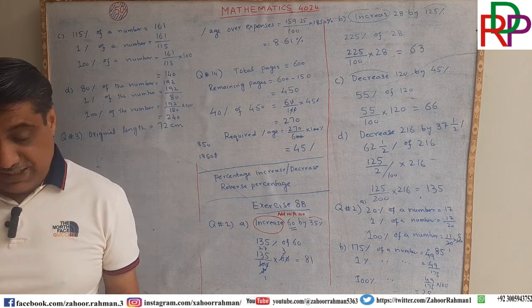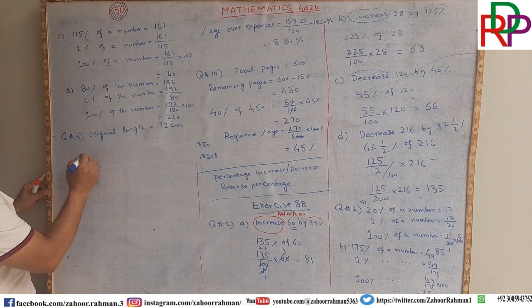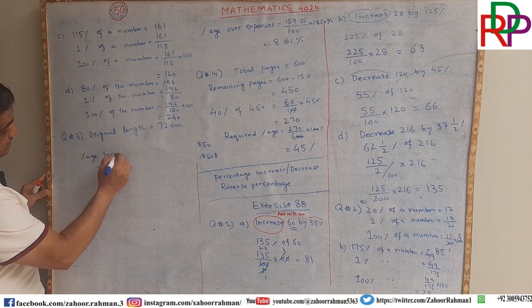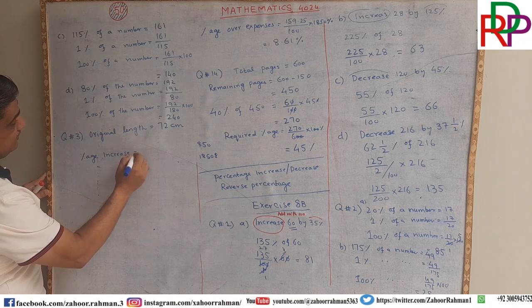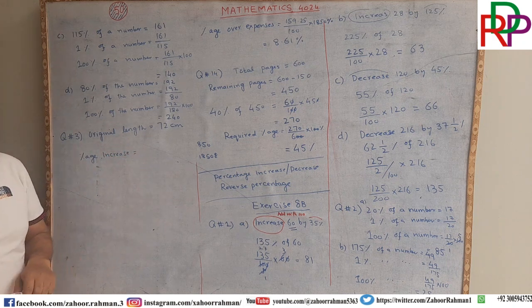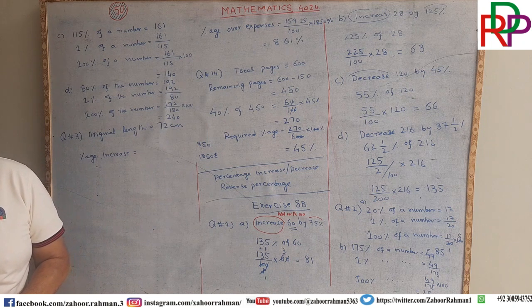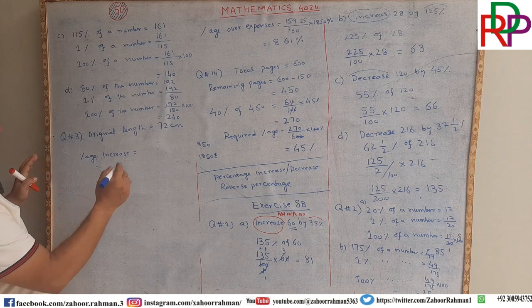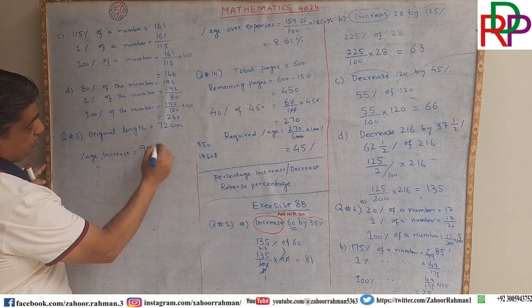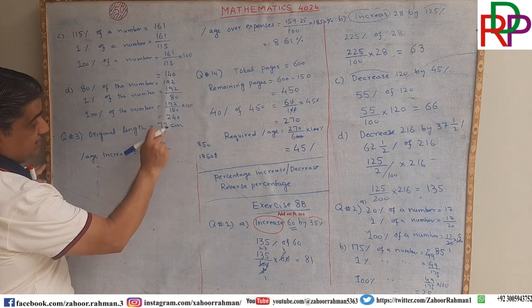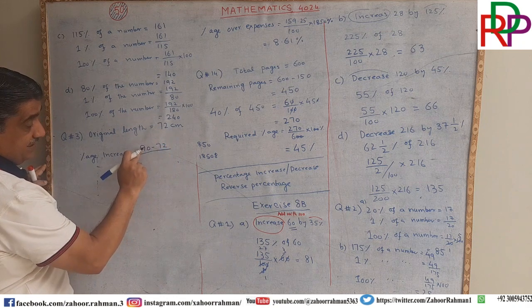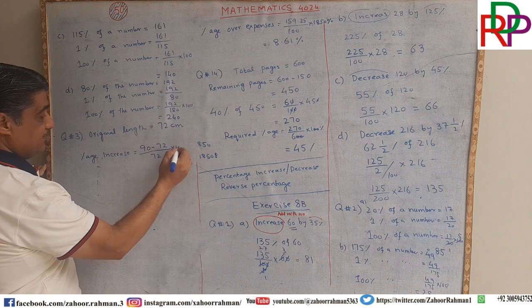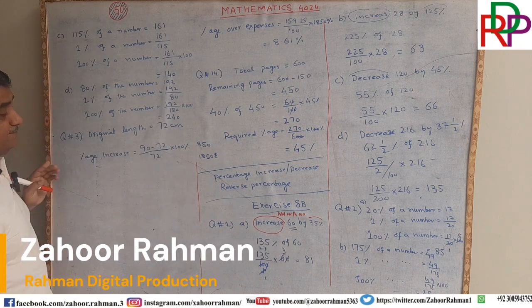So we are writing percentage increase, and the formula is 90 minus 72, divided by the original value, and that is 100%.